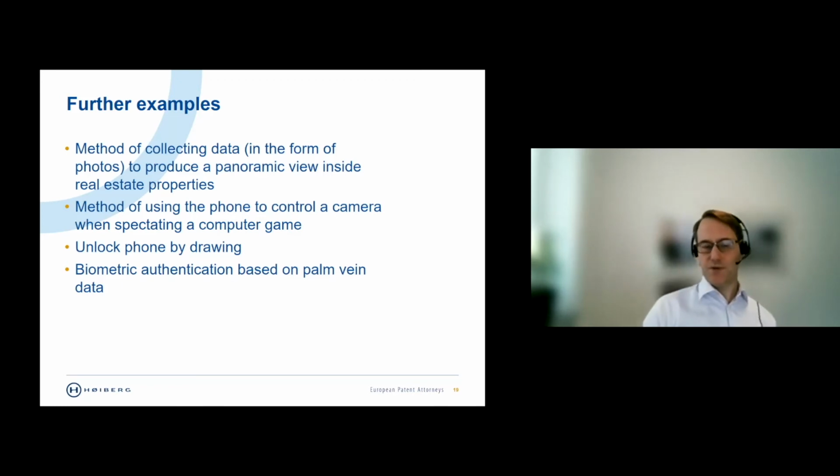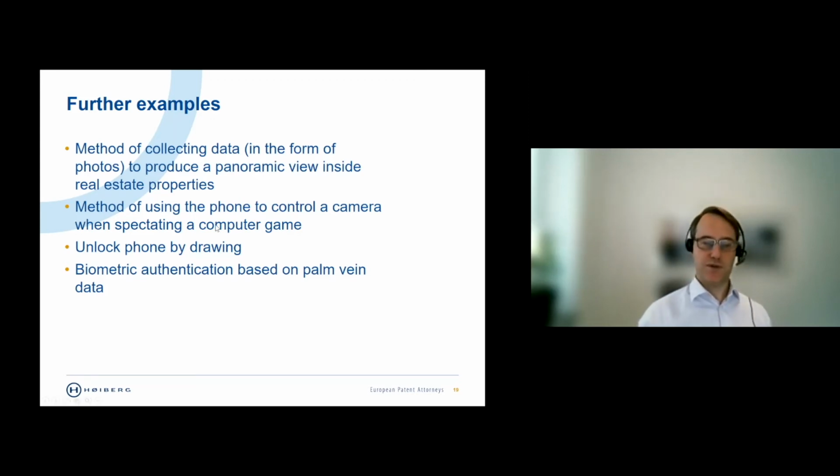You've also seen examples where, instead of using a digit or a password to unlock the phone, you can actually make a little drawing on it, and that would work in the same way. And I've seen examples of biometric authentication, where you approach your hand to a device, and that would scan veins in your hand and things like that.